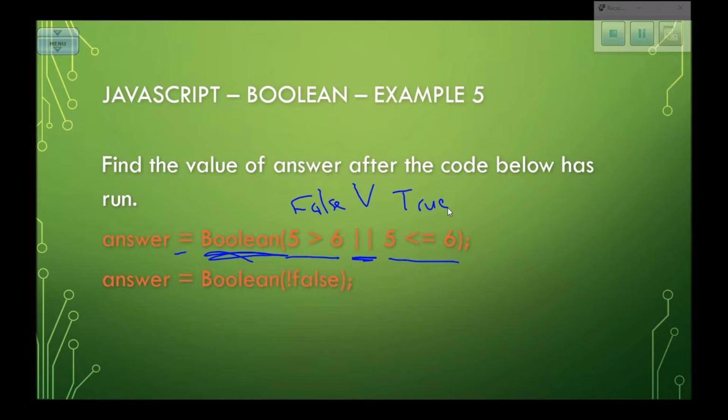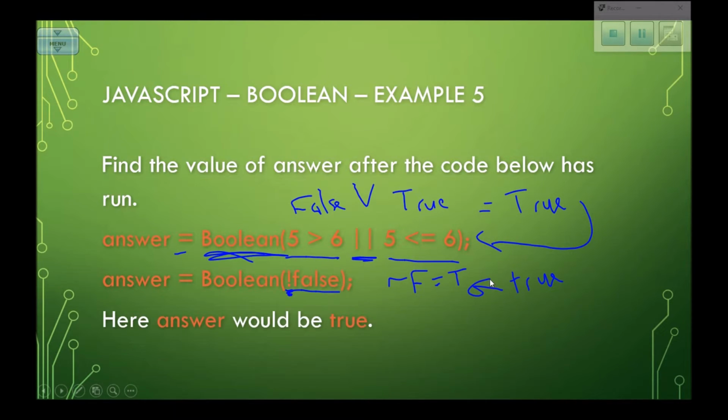False or true is true. So after this line, I've stored true in Boolean. Now answer is the Boolean value of not false. Not false is true. So I'm going to store true with a lowercase t in answer after this line, so answer would be true.